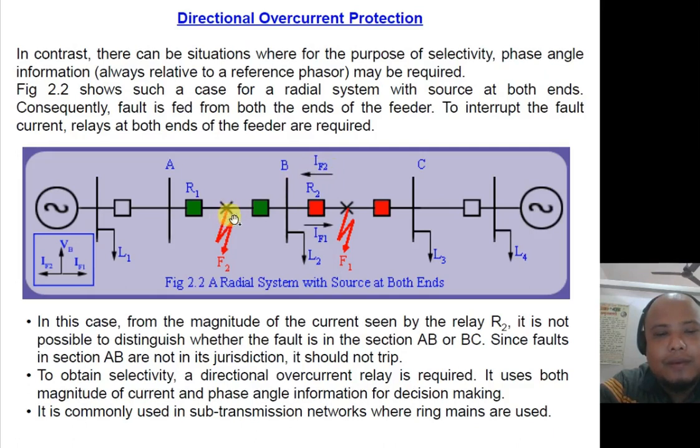The fault has appeared here, and current is flowing from this source as well as this source. So all four relays will be activated, but because these two are directional and do not operate for the IF2 direction, only these two will act. So the primary scheme for this line section acts, not the neighboring section relays.